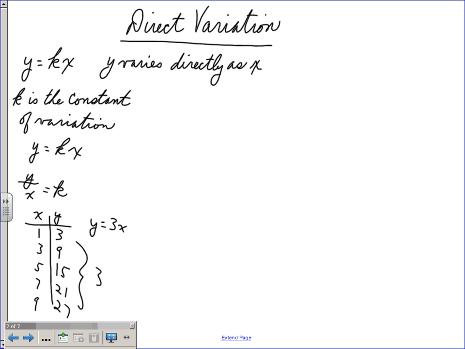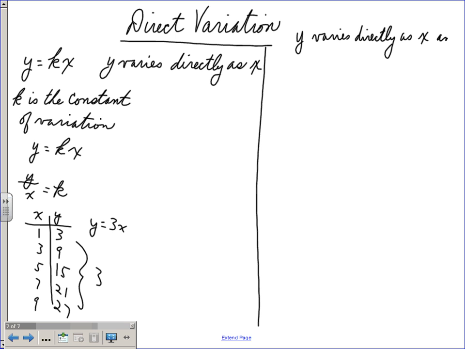All right. So here's a test question. Y varies directly as x, and x is equal to negative 3 when y is equal to 12. All right? So we have a three-part question.